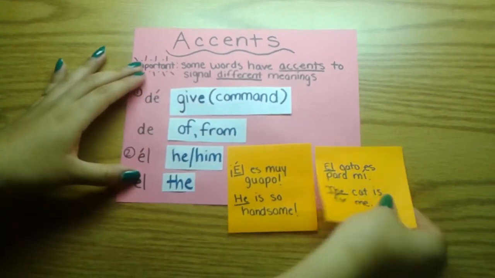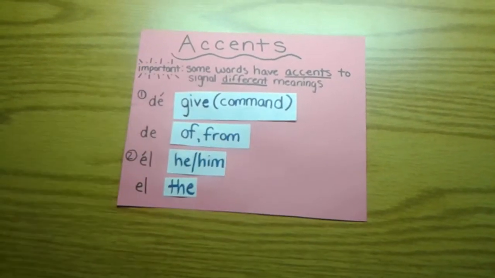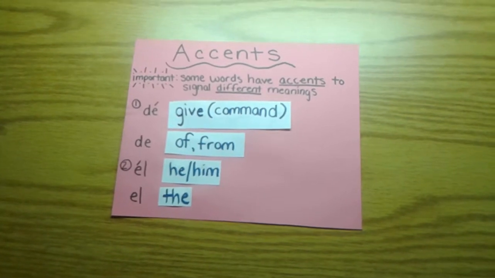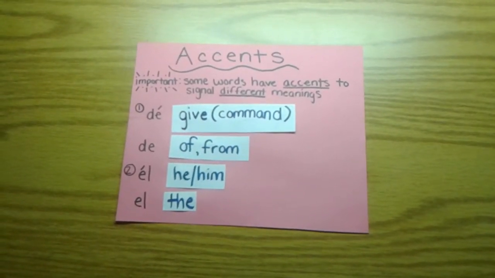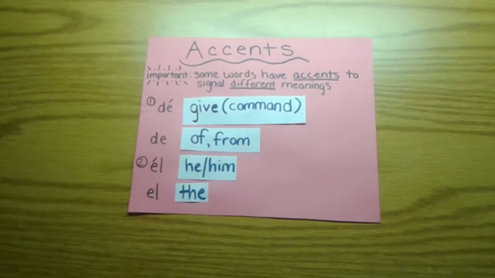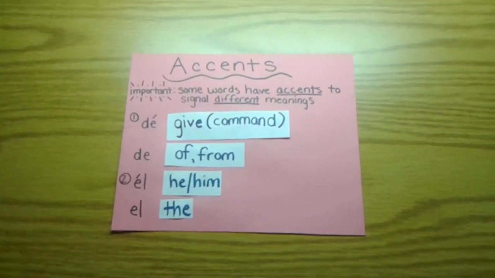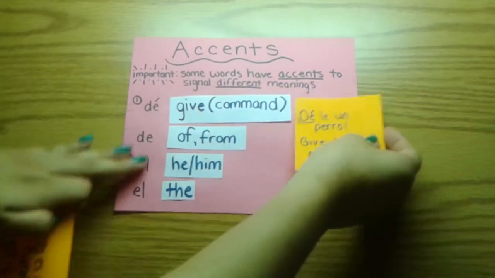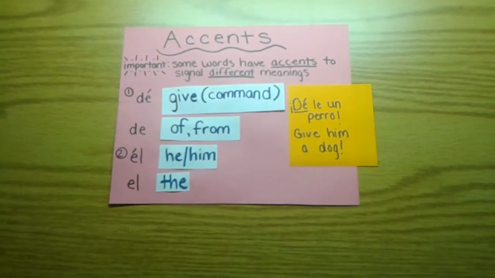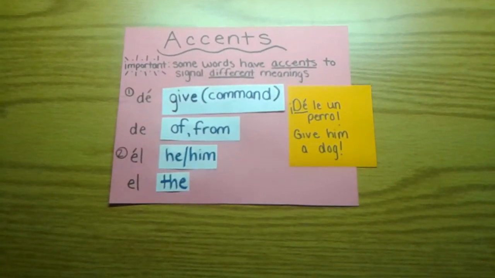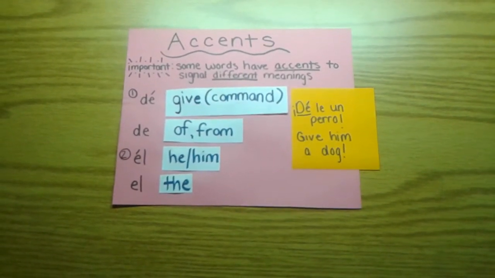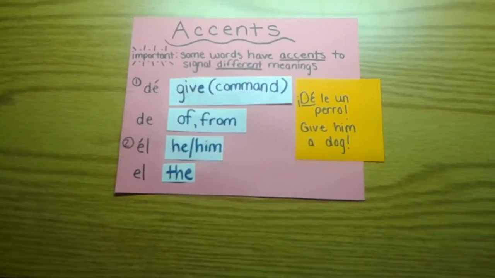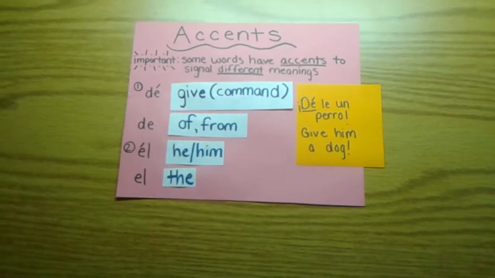So for our last set, we have dé, which means give, which is a command, and then de, which means of or from. So for the first one, dele un perro, give him a dog, which is a command, give him a dog.